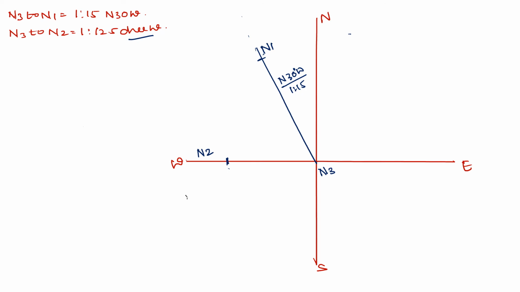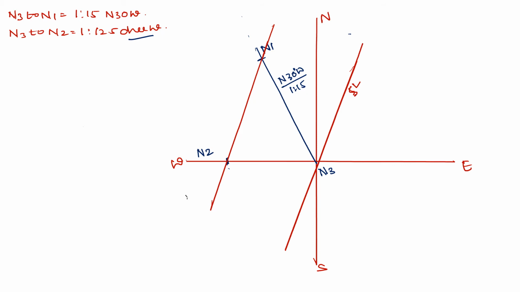I'll take red itself and join this line. Parallelly I'll shift this point also. Now what happened? We got the straight lines.